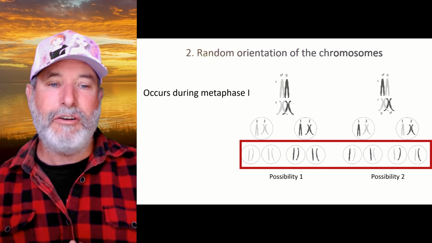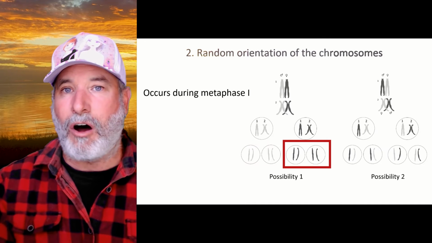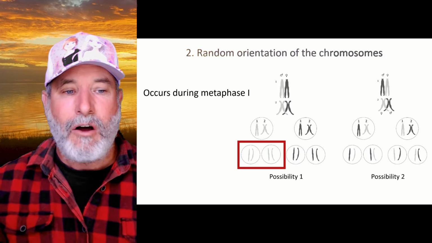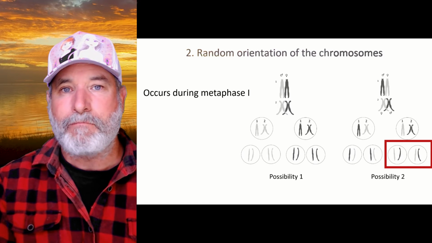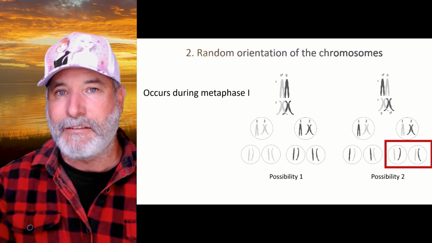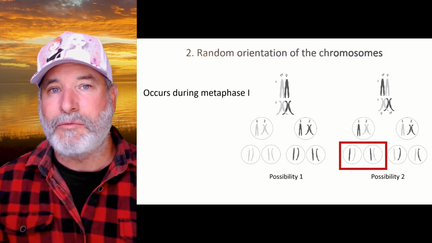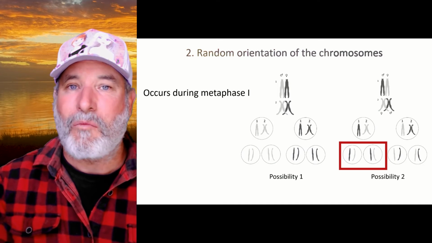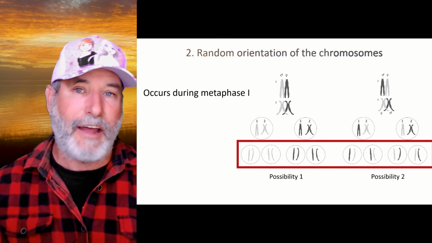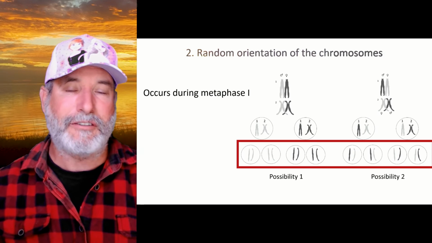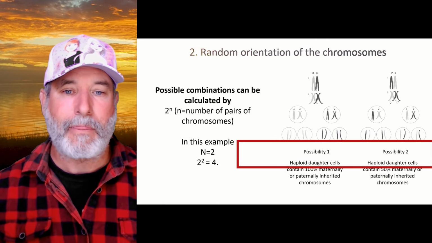And here with just 2, you've got gametes that are all from mom, all from dad, or chromosome 1 from mom, chromosome 2 from dad, and switched: chromosome 2 from mom, chromosome 1 from dad. What you've got is 4 different gametes now.